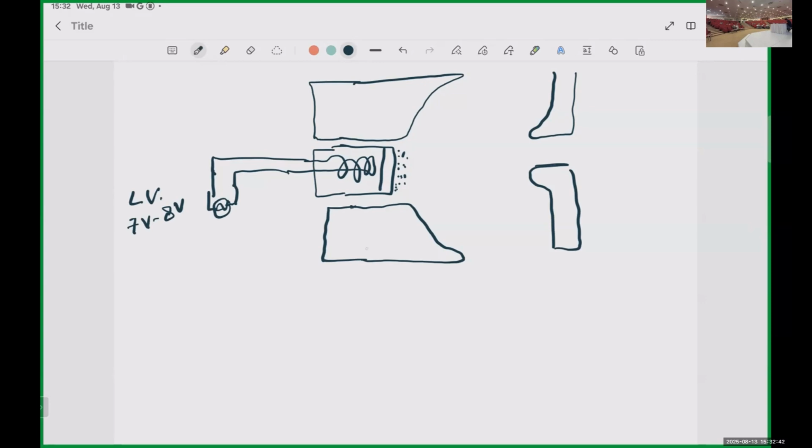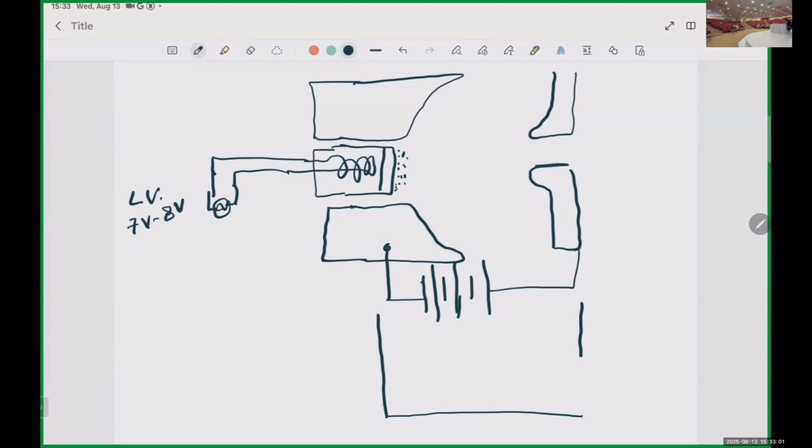We'll talk. Okay. And then we have to apply the accelerating voltage, a very high negative voltage between the cathode and the anode. I draw the equipotential curve. The electrons that are emitted have few eVs of energy because they are called thermal electrons.